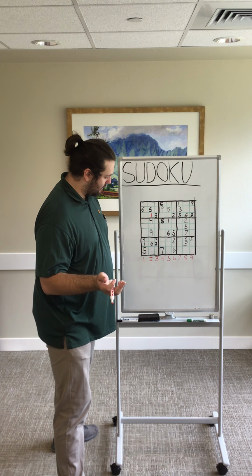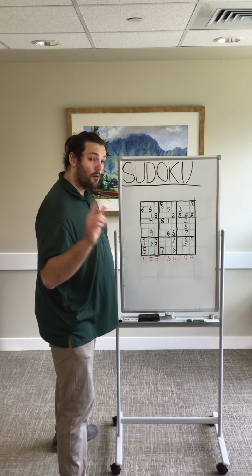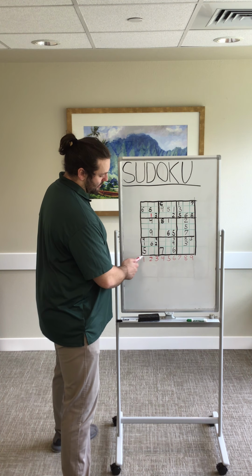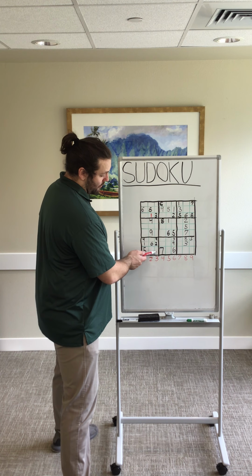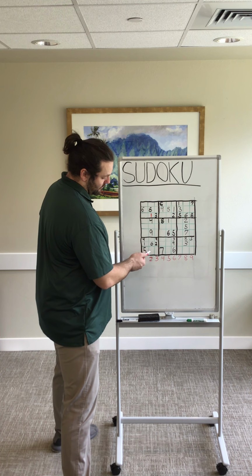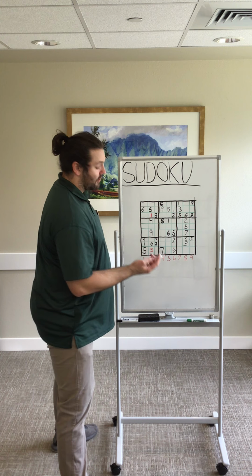So, moving on, oh, wait a minute. So you see that for this block, the 3 can't go right here, and for this, it can't go right there. So it must be right here. Must be a 3. Why?